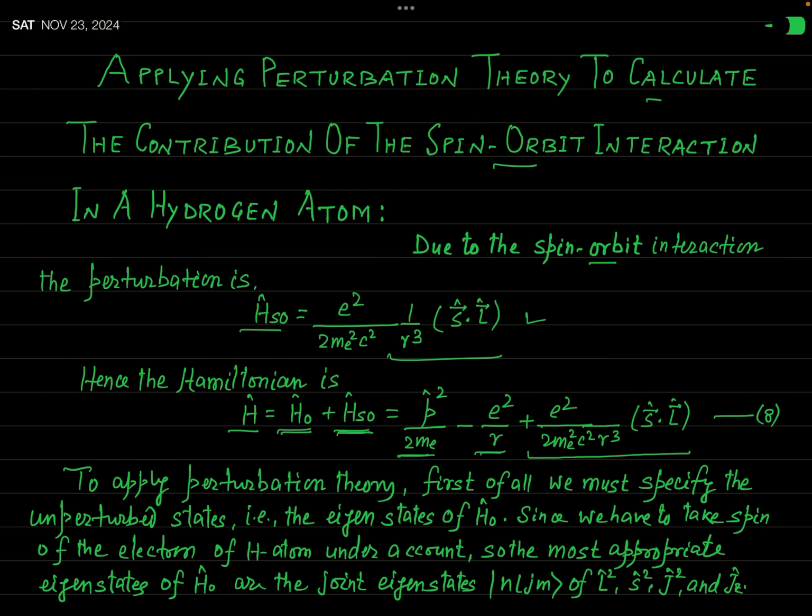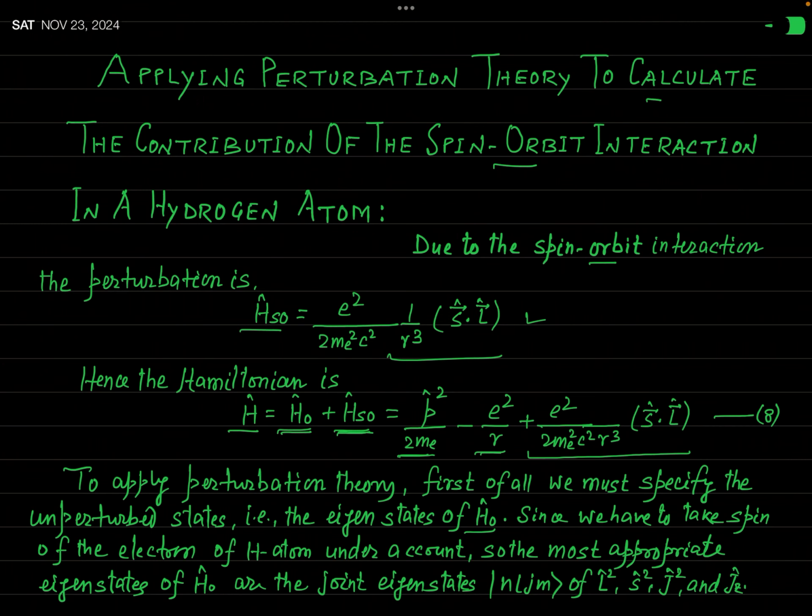Now, if your aim is to apply perturbation theory, first of all we need to specify the unperturbed states. When you say the unperturbed states, what does it mean? It means you are talking about the eigenstates of the operator H naught hat.